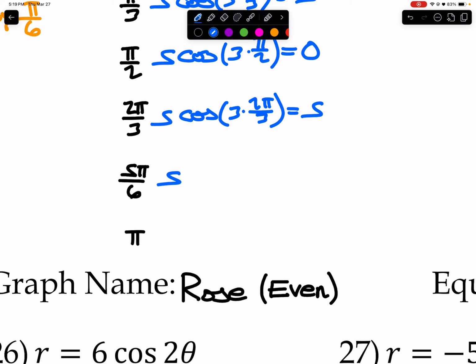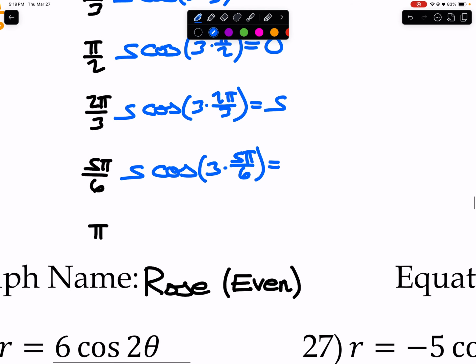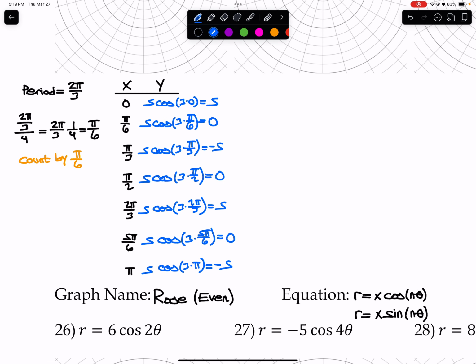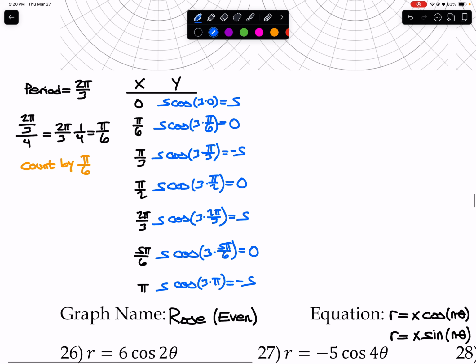And then 5 cosine 3 times 5 pi over 6, which is going to be 5 pi over 2, which is going to be 0. And then 5 cosine of 3 pi, which is going to be the same as pi, which is going to be -5.